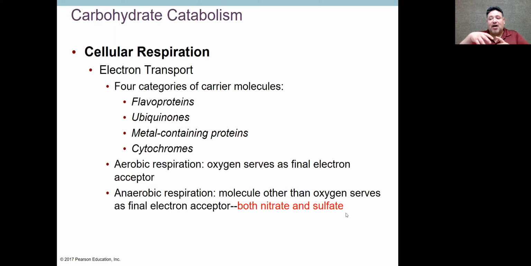When a molecule gives off electrons and it becomes more positive, the molecule is said to be oxidized. In this instance, because these nitrates and these sulfates are the final electron acceptors in these bacteria, they're being reduced by accepting these low energy electrons, and so you end up with what's called nitrate reduction or sulfate reduction.